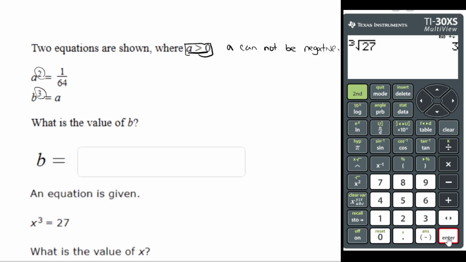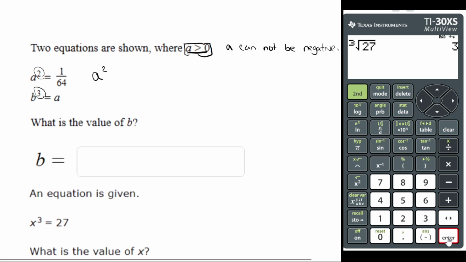So a squared equals 1 over 64. If a squared equals 1 over 64, we're going to take the square root of the whole thing. So let's do that: second, square root of our fraction 1 over 64.